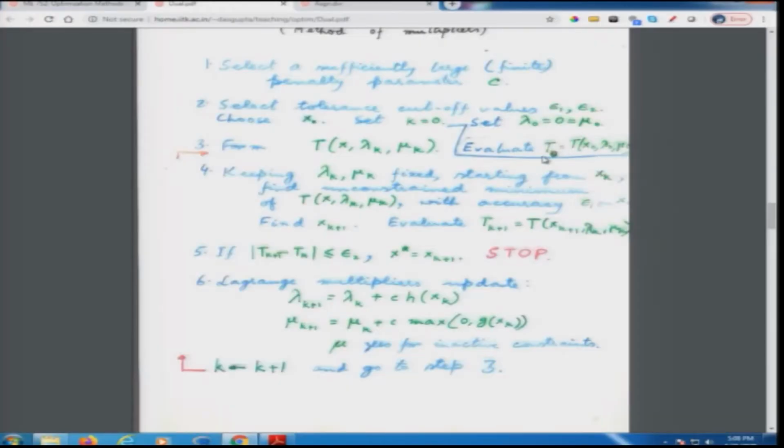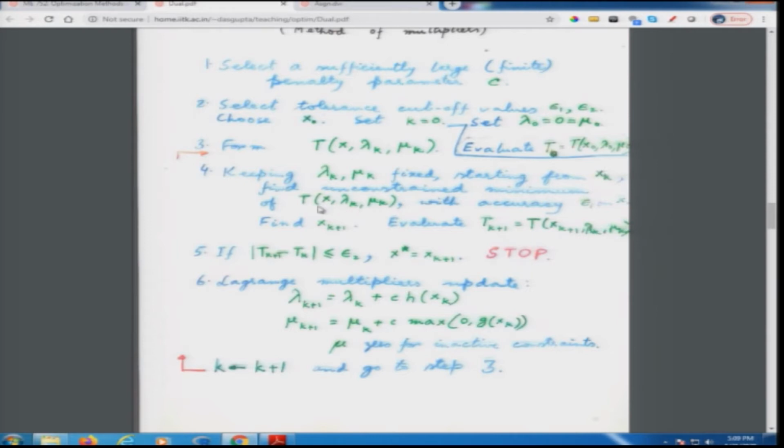By that, evaluate T 0, and then from that point you start the loop, keeping lambda k, mu k fixed. Initially it is lambda 0, mu 0, 0, fixed, and that means only x is variable for the time being, starting from x 0 in the beginning.